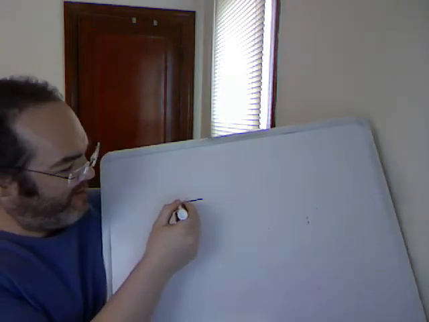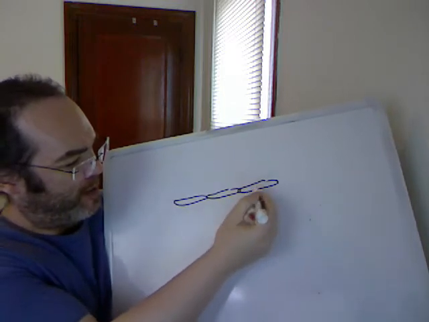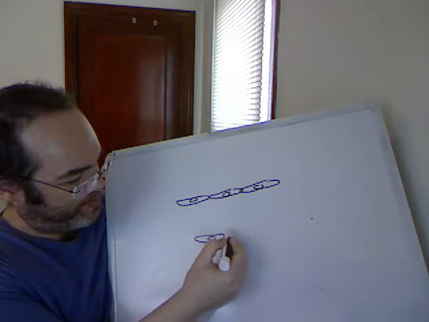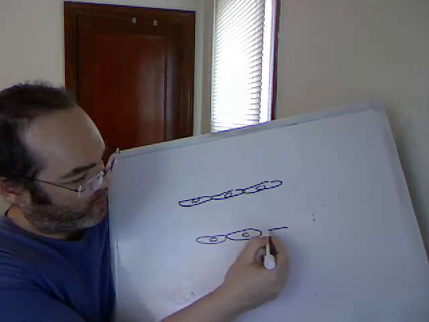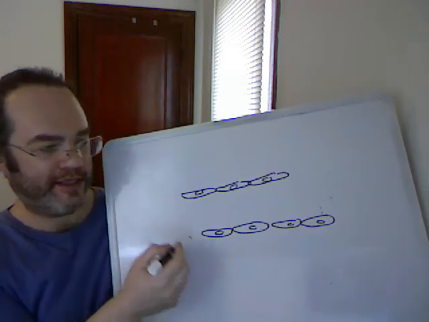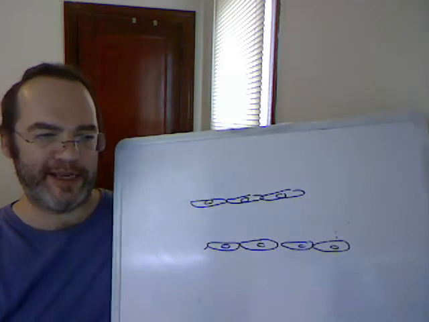So our blood vessels are lined with very thin cells that make up the walls of our blood vessels. These very thin cells are called endothelial cells.